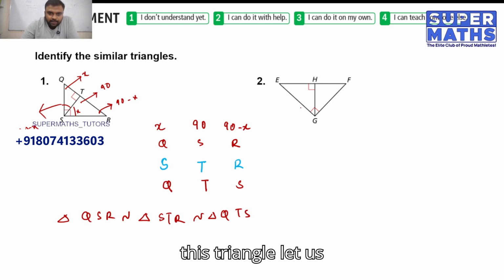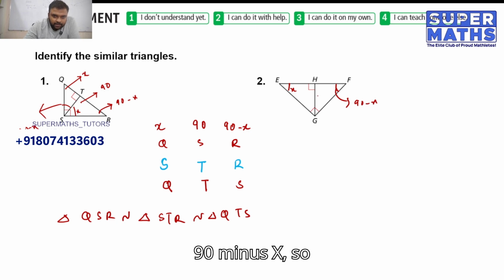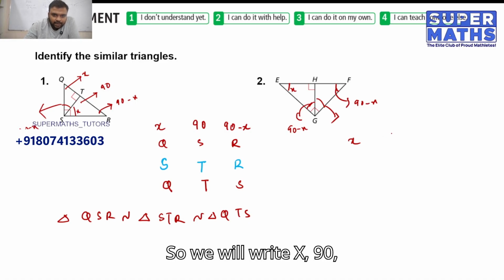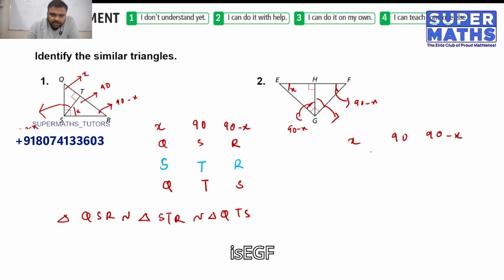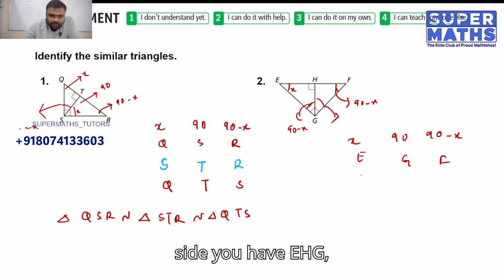In this triangle, let us take this as X. This would be 90 minus X, this would be 90 minus X, and this would be X as well. So we'll write X, 90 minus X. In the bigger triangle, it is EGF. In the smaller triangle on the left side, you have EHG.